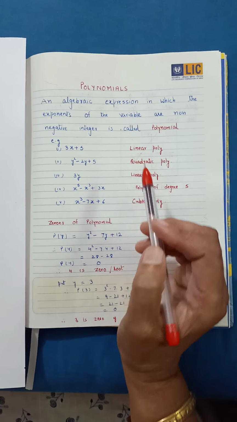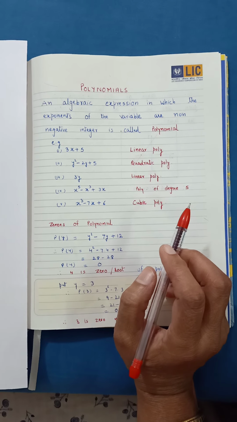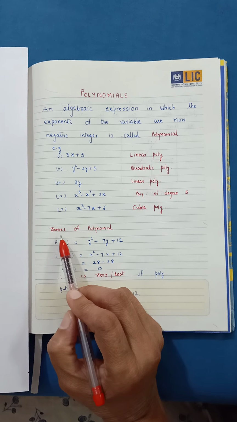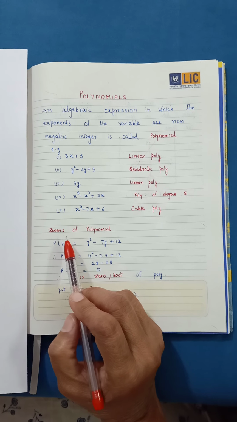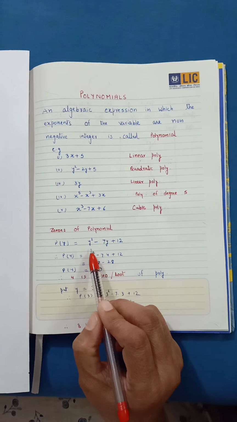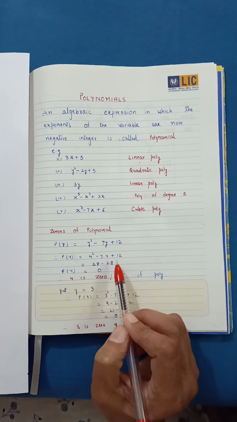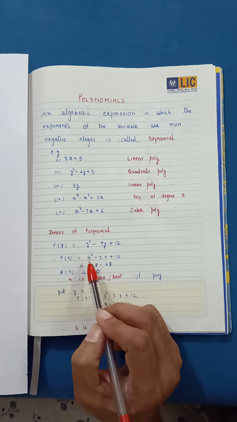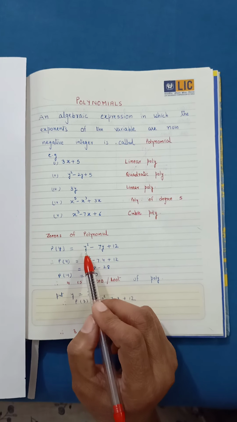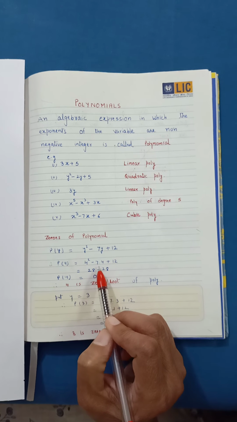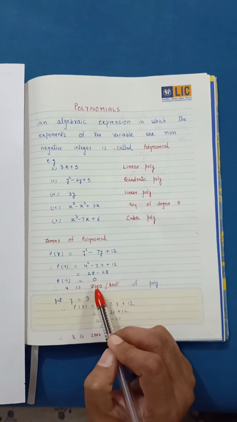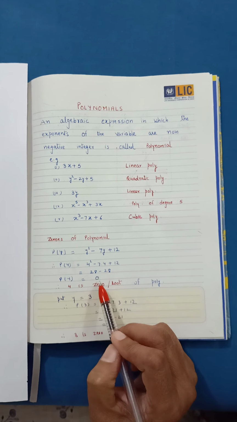The second important thing for the polynomial chapter is zeros. Zeros are also known as roots. If I consider the polynomial y square minus 7y plus 12, and put 4 in place of y, this becomes 4 square minus 7 into 4 plus 12, and after solving it, we get 0.